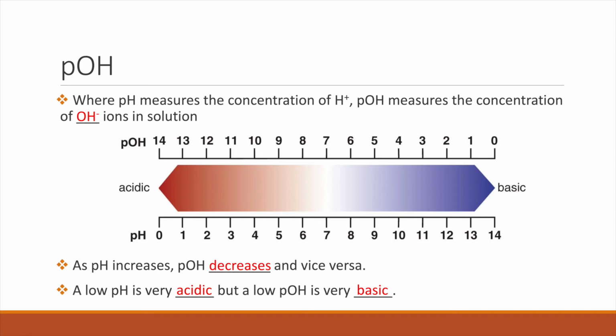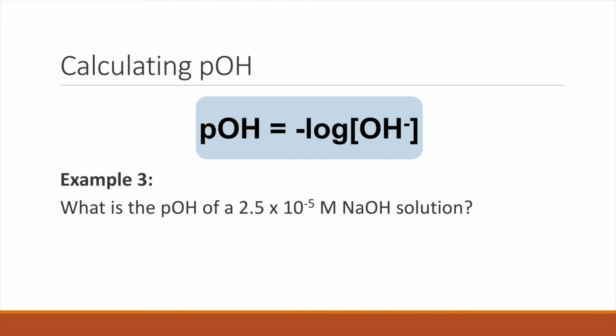If you're trying to identify acid and base by these values, you're going to want to use pH, right? Low pH, acidic, high pH, basic. If you try to switch between pH and pOH, it's very easy to get confused because they're opposites of each other. So it's much easier to just use pH to determine if it's acidic, basic, or neutral. So calculating pOH is just like you calculated pH.